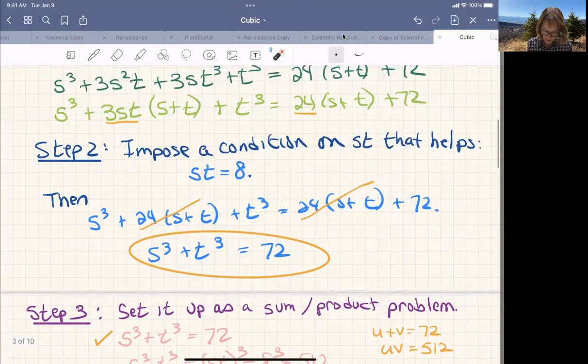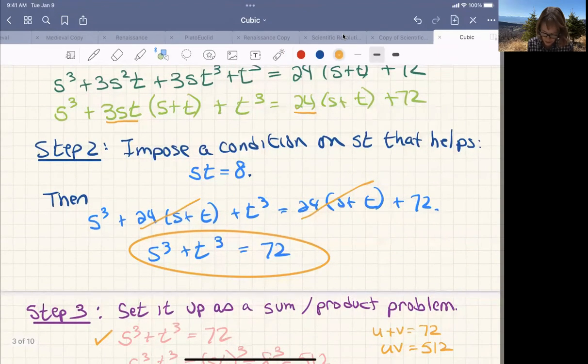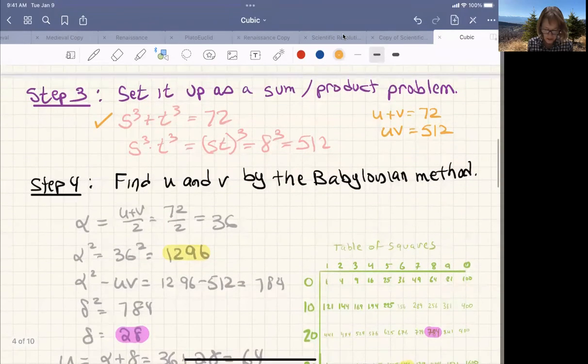Well, I don't know what that is, but I know what st is. So s cubed times t cubed is just st cubed. But what is st? st we decided, or we chose, to be 8. So st cubed is 8 cubed, and that's just 512.